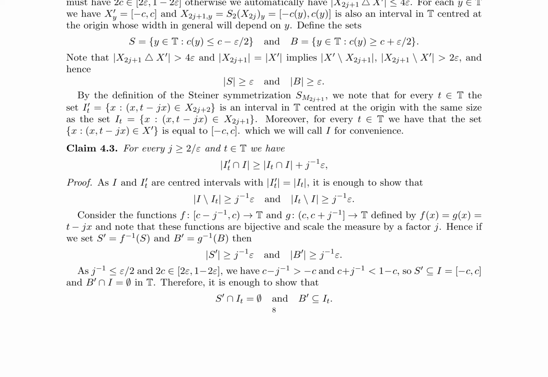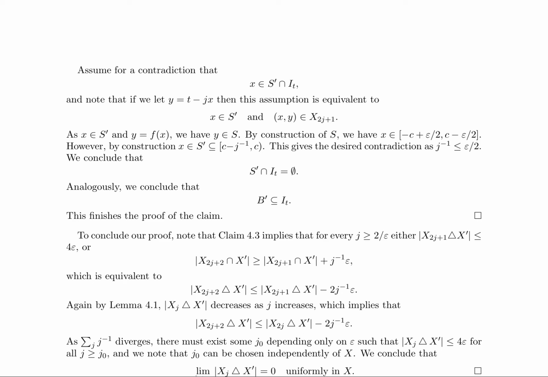The proof of claim 4.3 relies on the bijective functions f and g, which are used to establish the lower bounds on the measures of the sets S and B. These bounds, in turn, are used to show that S is disjoint from it and B is contained in it, completing the proof of claim 4.3.